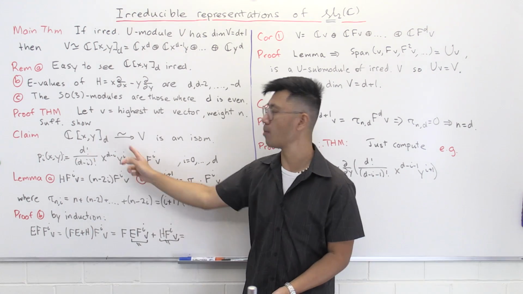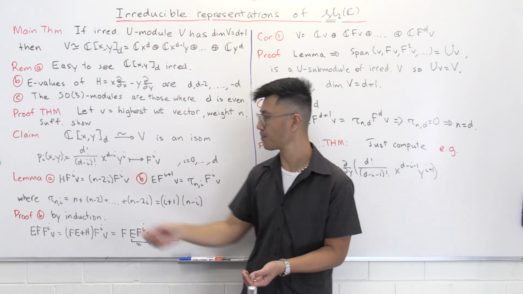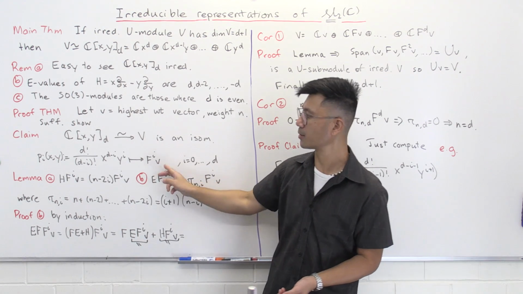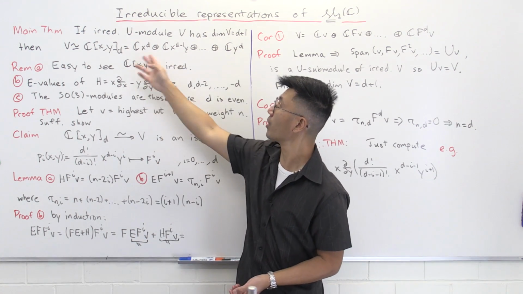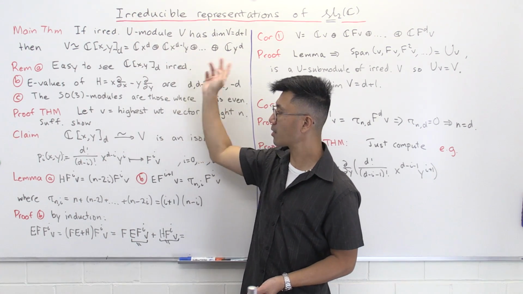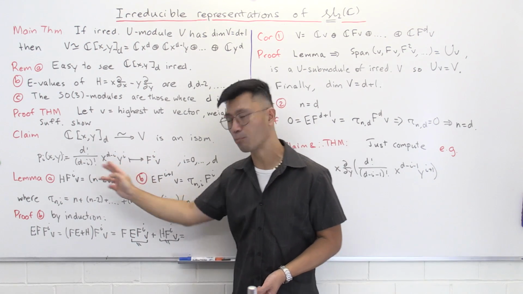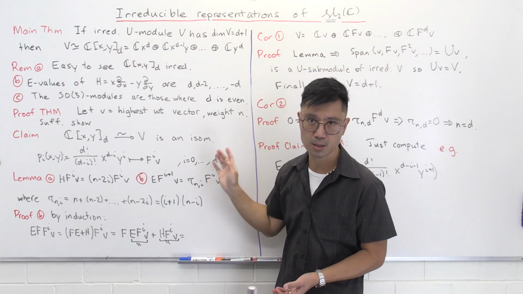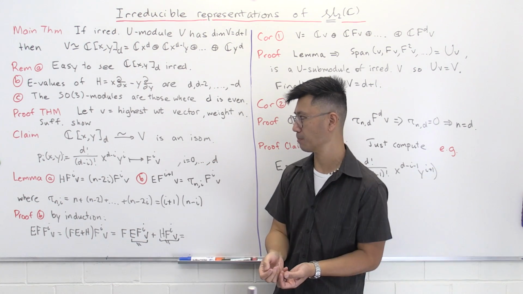So that's essentially the monomials, but with some scaling factor. And I claim that if you map this over to f to the i v, which is the basis for this U module here, there is a unique linear map which extends this. I claim that that's an isomorphism, not just of vector spaces, but actually of U modules.